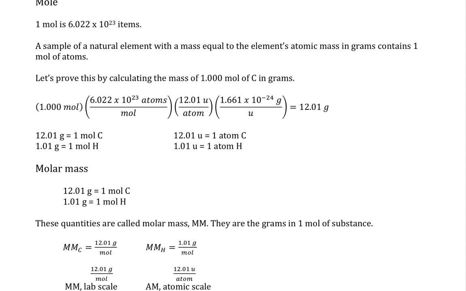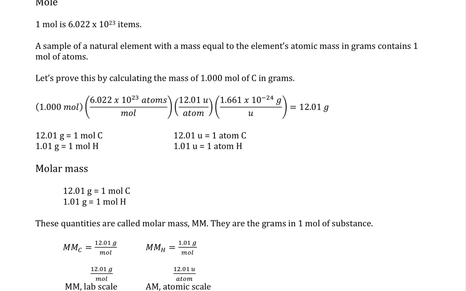The only unit we're left with now is gram, and the number is 12.01 grams. So in 1 mole of carbon, we have 12.01 grams. 12.01 grams equals 1 mole of carbon.